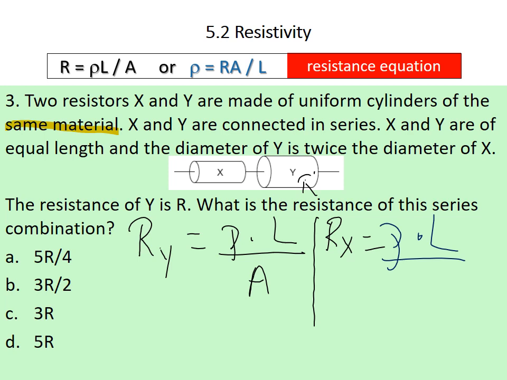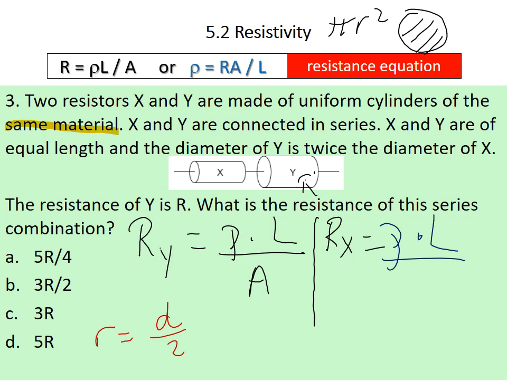It tells me the diameter of Y is twice the diameter of X. That is going to affect the area of X compared to the area of Y. The cross-sectional area of a cylinder is a circle, and a circle has an area of pi r squared. But they give me information about the diameter. Well, the radius of a circle is the diameter divided by 2.